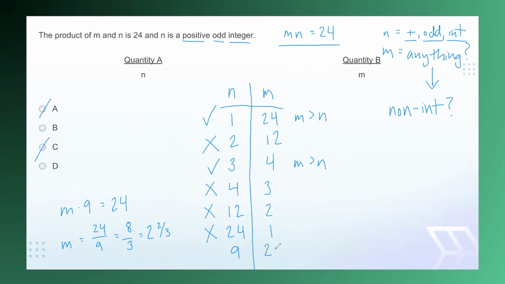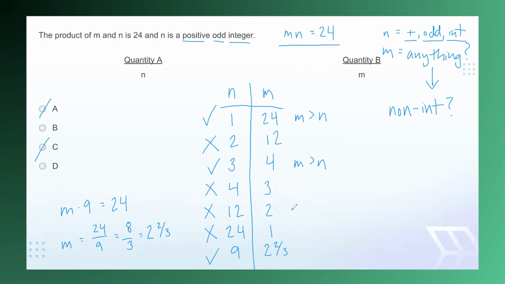All right, adding that to my table. Now, because I followed the rules set for n, this is a possible value for n, which means that this is a valid set of values for n and m. m can be anything as long as this equation is true and our rules are followed for n.